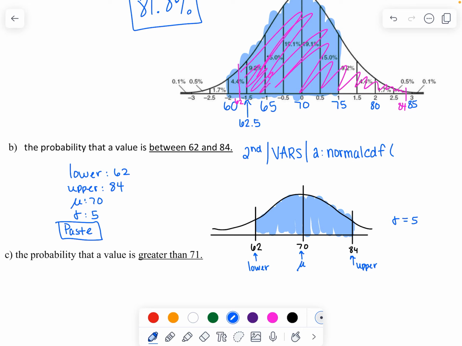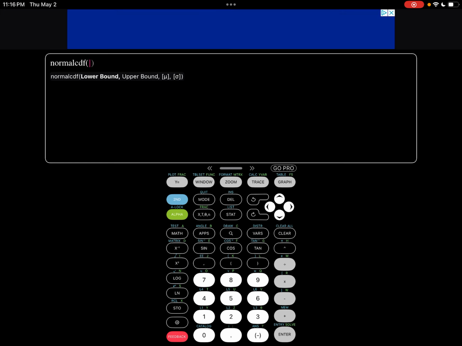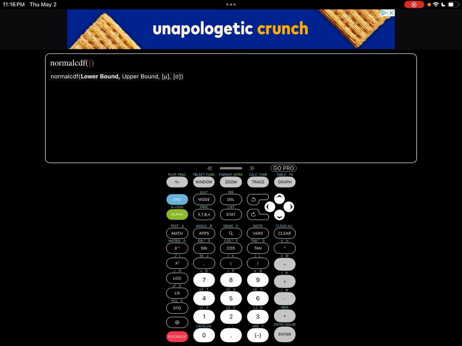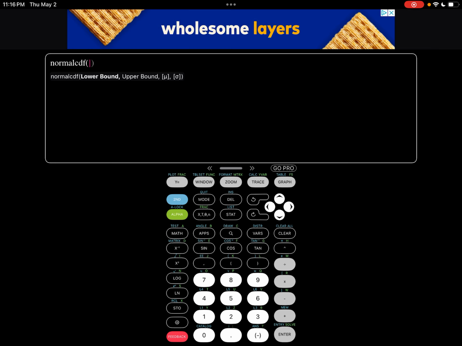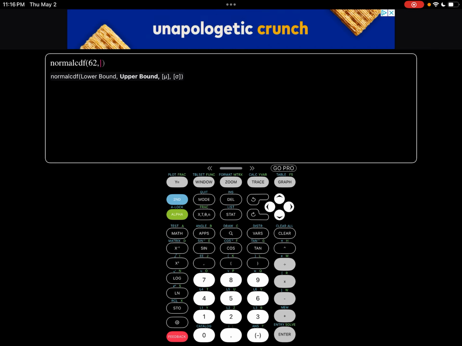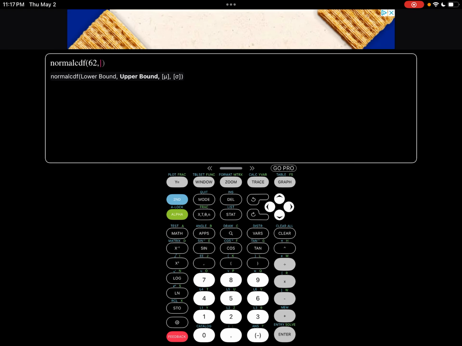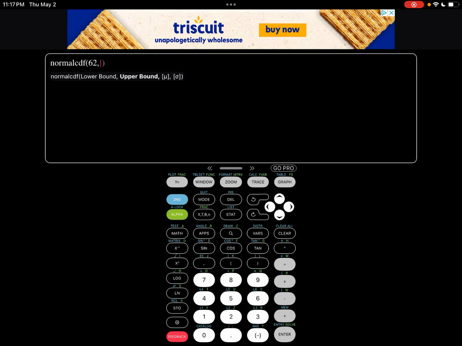What should happen, I'm just going to go back to my calculator now, is that it should look like what mine will in a moment. So I'm going to type in my lower bound, my 62. If yours happens to look like this, you're going to type in exactly what I'm typing in, and you just have to put a comma between each number. So 62, comma, 84, comma, 70 for the average, comma, 5 for the standard deviation.